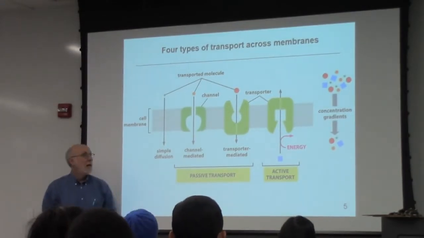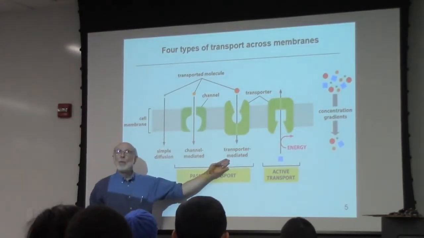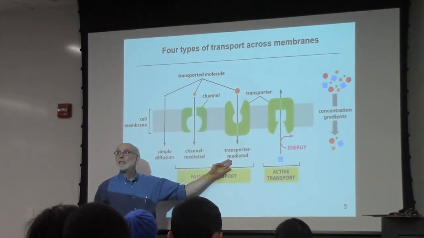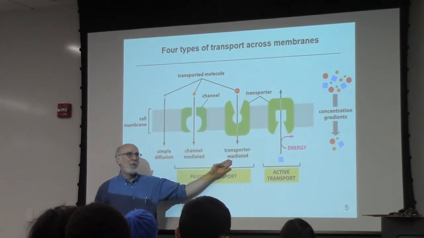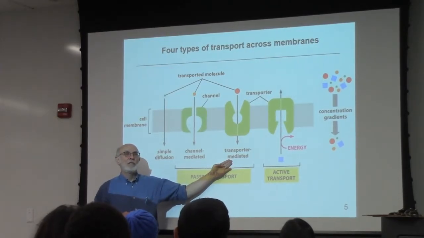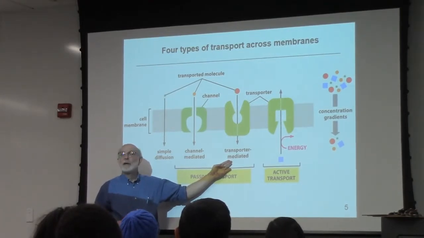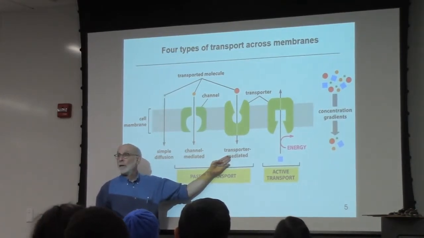Okay, so you'll see these two. We will not be talking about transporter-mediated passive transport very much. It's important for nutrition of nerve cells, the glucose uniporter. I'm getting ahead of myself. We won't be talking about that very much.